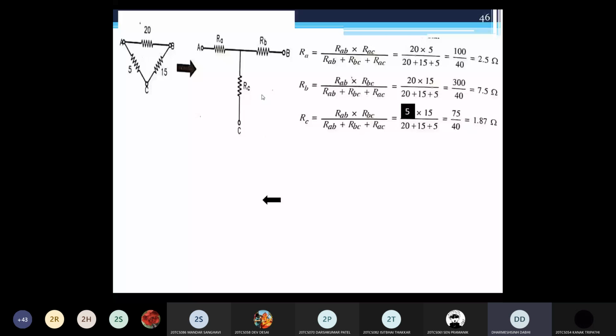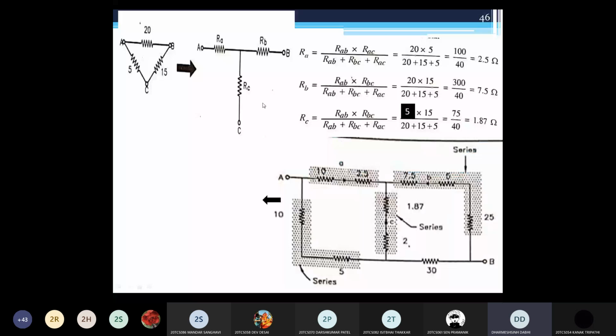Write down these values: RA is equal to 2.5, RB is equal to 7.5, and RC is equal to 1.87. Replace this delta in your main circuit with this star. You can see that this RA, 2.5 ohm at point A, is connected in series with this 10 ohm.